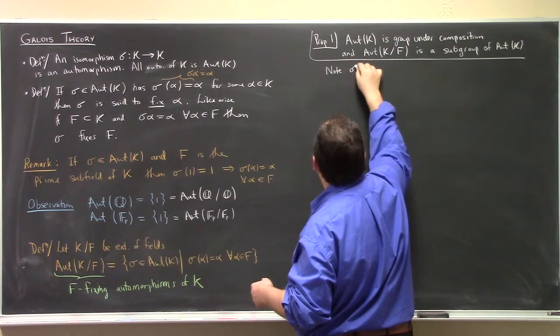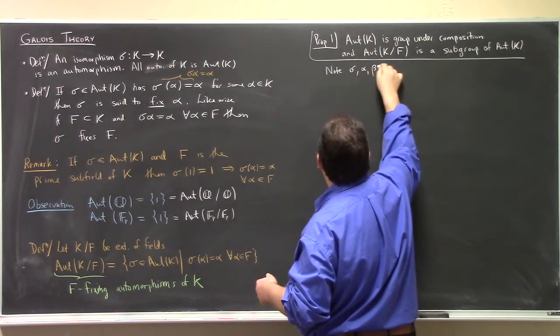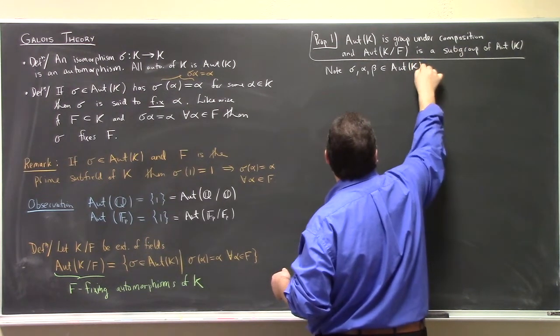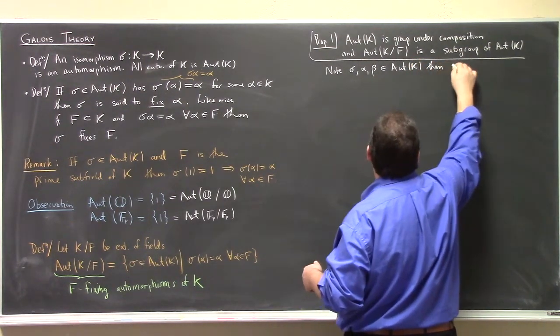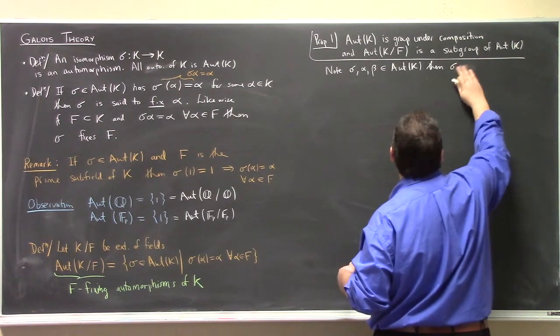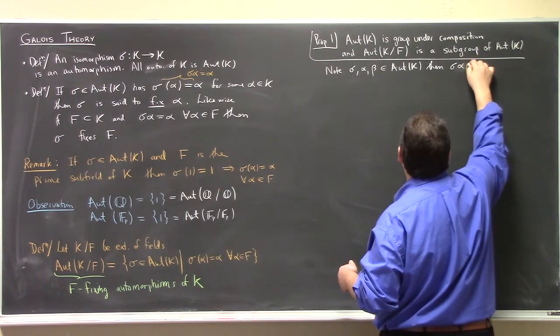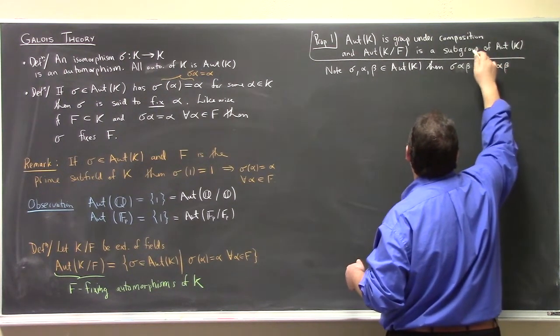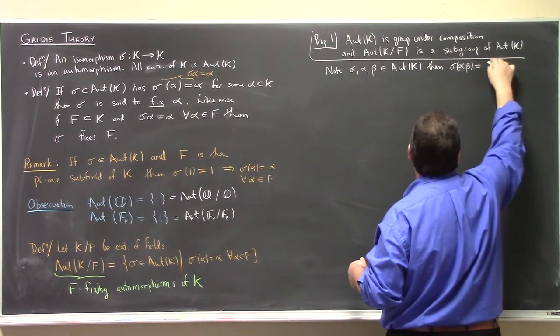if we have sigma, alpha, beta in Aut K, then sigma composed with alpha, well, let's not write the composed symbol. Let's say (sigma alpha) beta is equal to sigma (alpha beta). What I'm saying is you can put the parentheses either way.